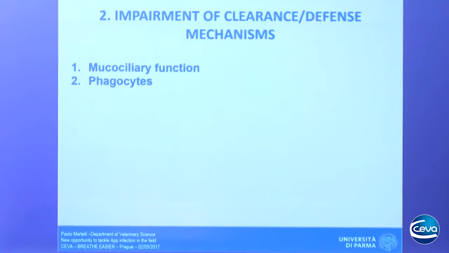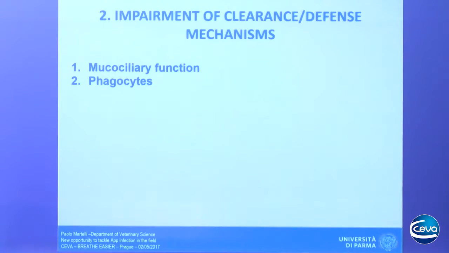First, the ability of the mucociliary function to the clearance. It's very well known. There is the mucociliary effect that clears the microorganism or whatever is recognized as non-self in the respiratory tract.